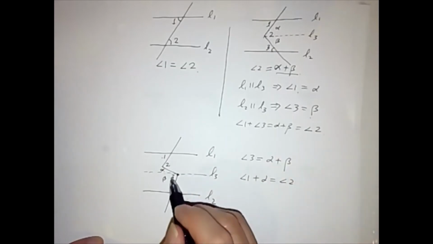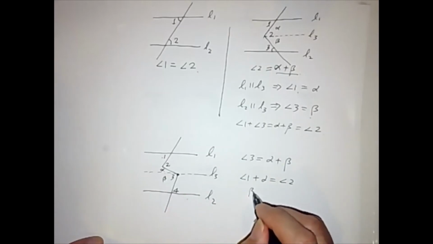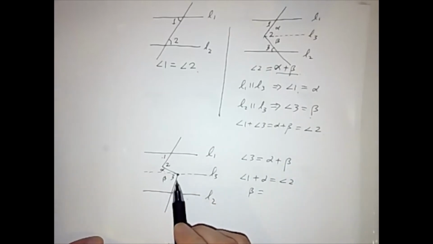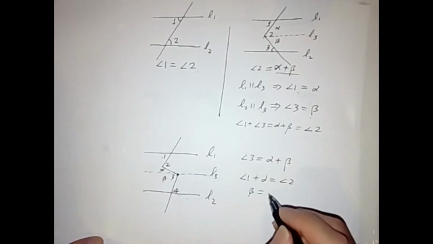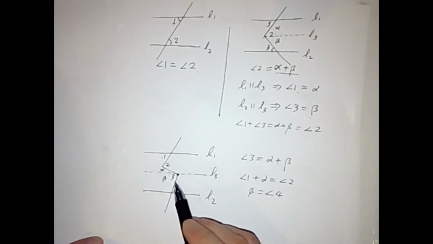At the same time, the lower part of angle 3 is beta. By the alternate interior angle theorem, we see beta is congruent with angle 4, because L3 is parallel to L2.